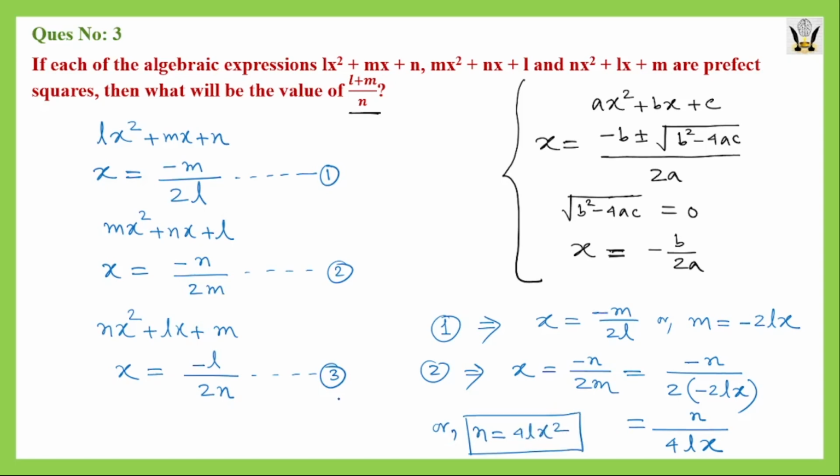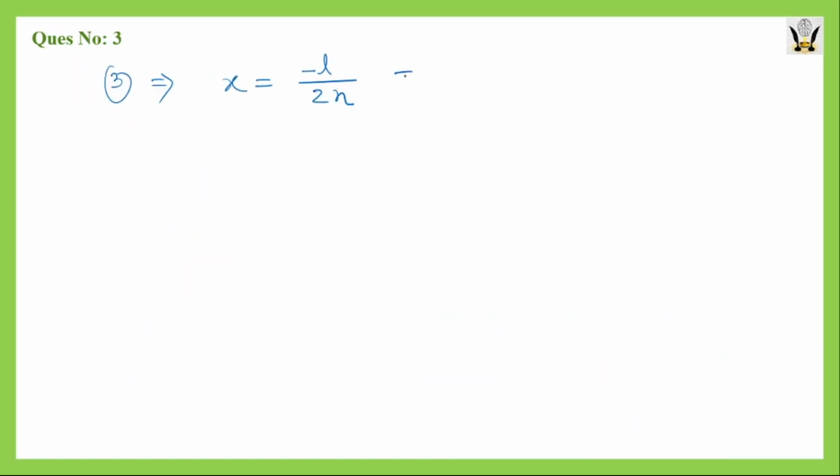Now in the third equation, we have x is equal to minus l by 2n. And the relationship between n and l is n is equal to 4lx square. So we can put here minus l divided by 2, and here it will be 4lx square. So l will cancel each other, and here we are getting minus 1 divided by 8x square, and that is equal to x.